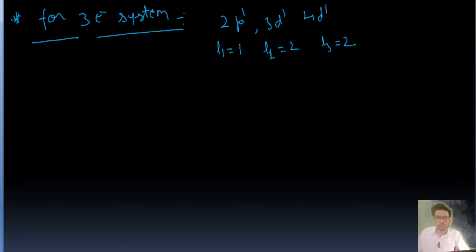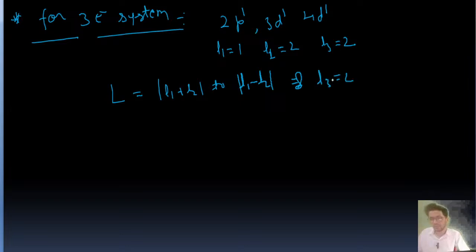So now the value of L is going to be from |L1 + L2| to |L1 − L2|, and L3 equal to 2.